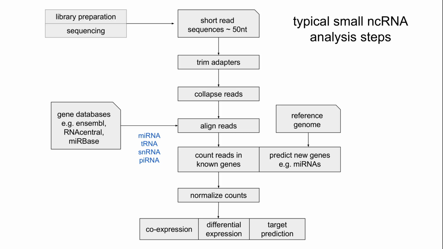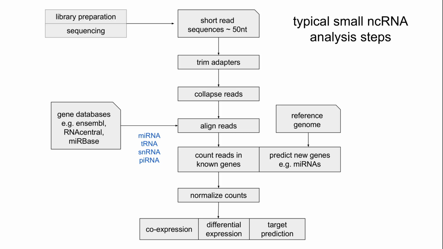And when that's done, the alignment is done to some known gene annotations that you download from a gene database like Ensembl, RNAcentral, or maybe miRBase, or to a reference genome.